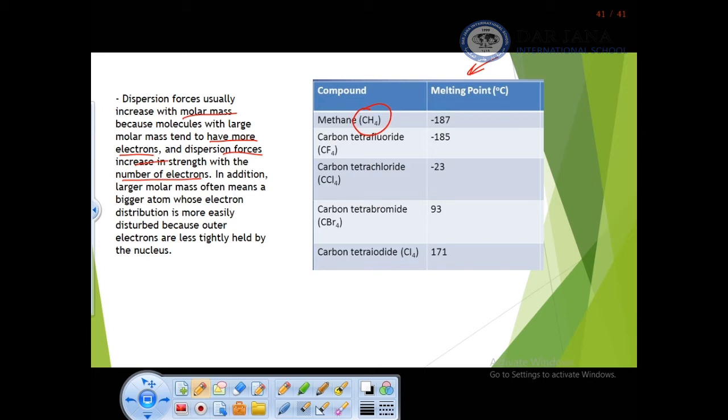CF4 starts to increase, CCl4 increases, and CBr4 increases. Without any other element, the melting point keeps increasing, reaching 171 for CI4. Again, with a higher molar mass, we have increasing forces and an increasing number of electrons, so we also have an increasing melting point.